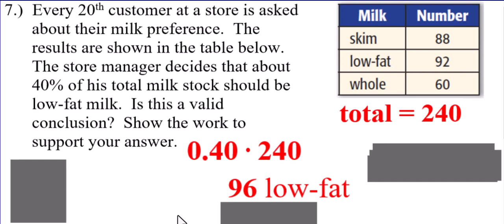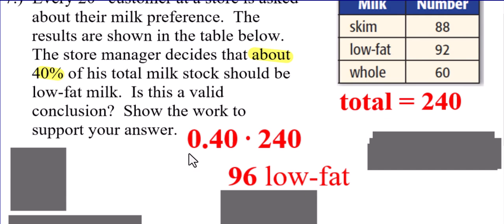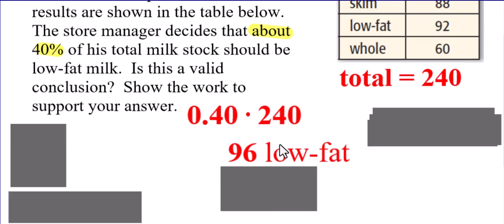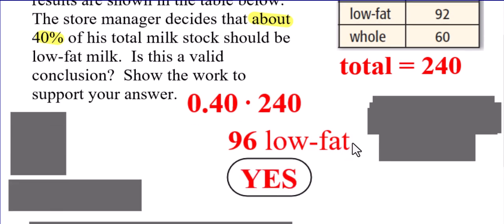Should we say it's not valid? Keyword, about 40%. So exactly 40% is 96 low fat. It's 92 low fat, so that's pretty close. So saying about 40%, yeah, that checks out. So the sampling technique was good, and the math checked out. We're going to say yes.